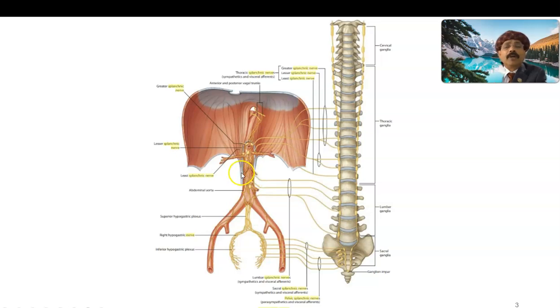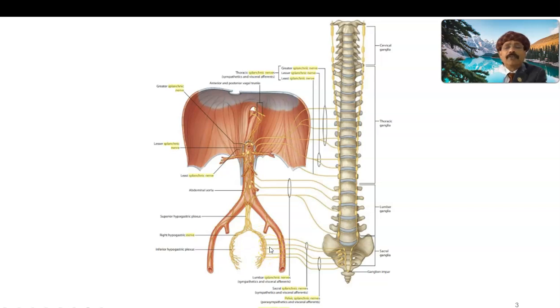We get the lumbar splanchnic nerve going medially, the sacral splanchnic nerve going in this way, and we also get the pelvic splanchnic nerve. This is the parasympathetic pelvic splanchnic nerve from S2, S3, S4 going to the inferior hypogastric plexus.